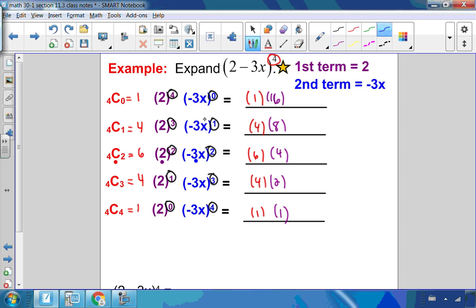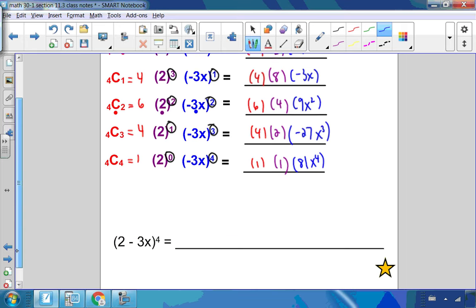And then in the last one, anything to the 0 is just 1. So -3x to the 1 is just -3x. -3 squared is 9, and x squared. Negative 3 to the exponent of 3 is negative 27x cubed. And negative 3 to the exponent of 4 is 81, and then x exponent 4.